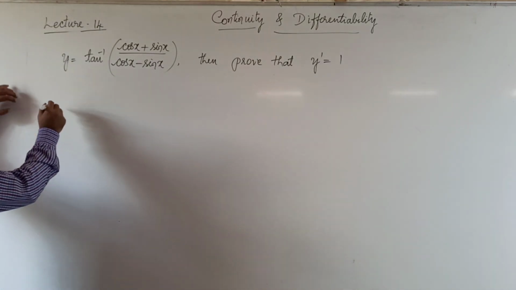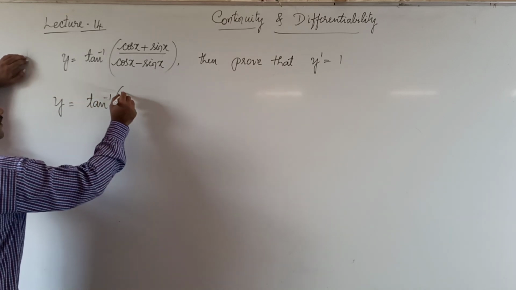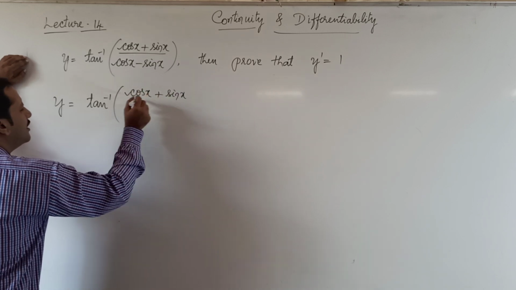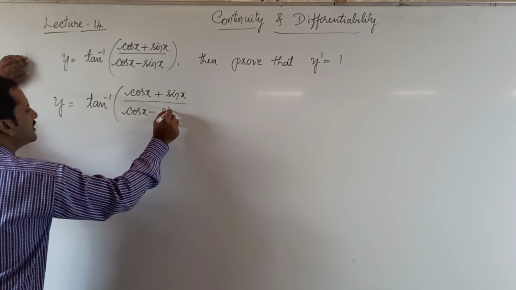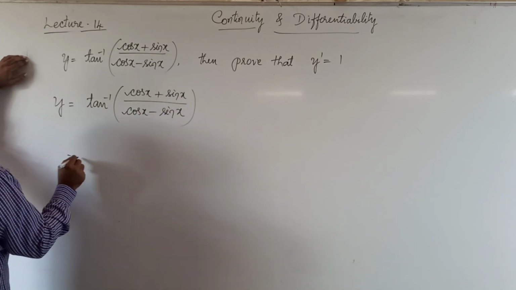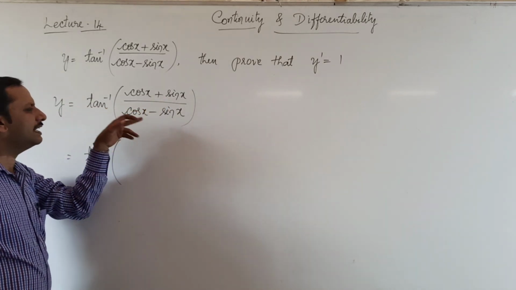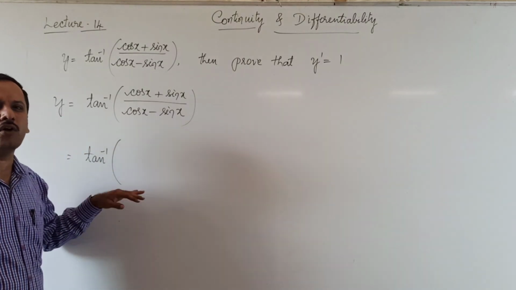Okay, so we have y is equal to tan inverse of cos x plus sin x divided by cos x minus sin x. Now here I will divide both the numerator and denominator by cos x.